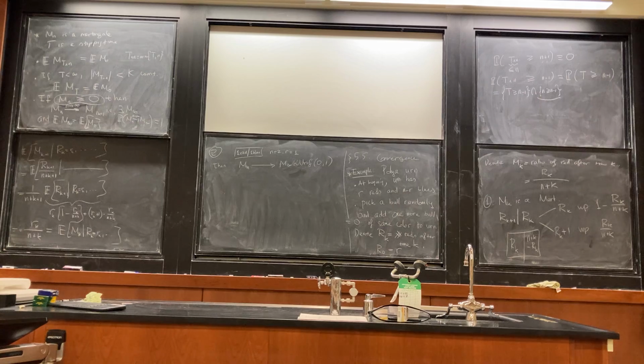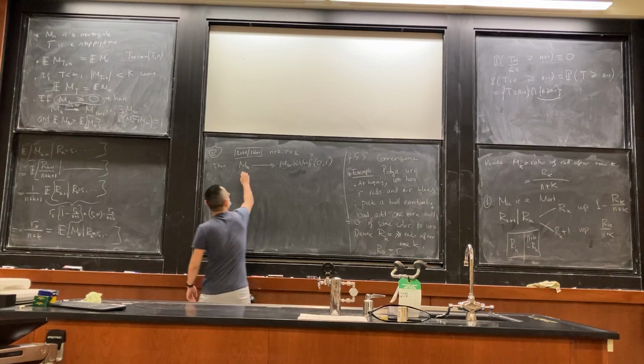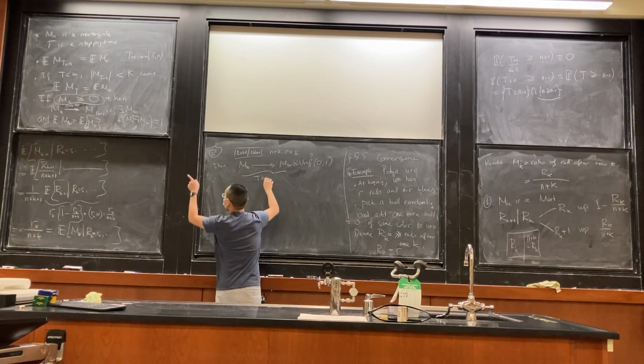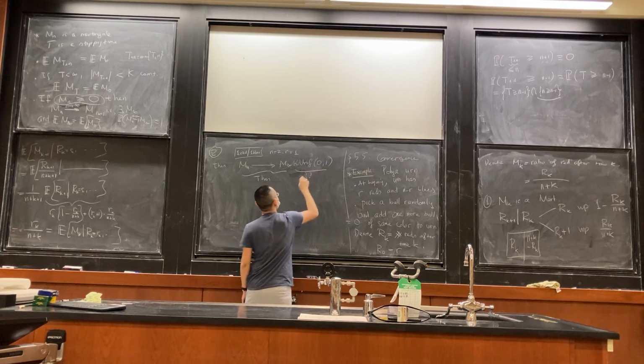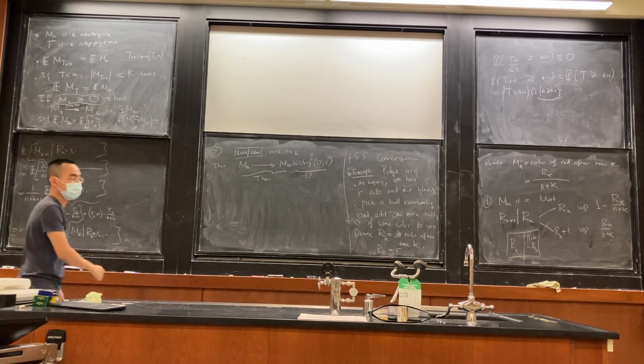Of course, the limit random variable has to exist based on the theorem that I just mentioned here. So M_infinity exists, but what is the distribution of it? In this case, it is uniform in 0 and 1. This piece here is just a theorem, but this is what we need to analyze.